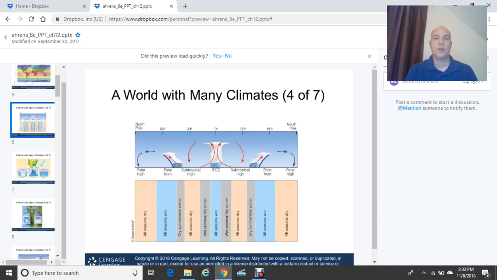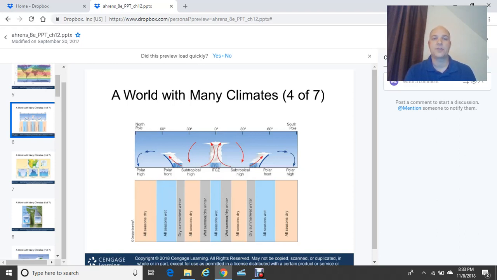So a world with many climates. If we were to look at the overall latitude belts and whether we have high or low pressure areas or systems in those specific latitudes, take a look at this chart. We're showing you the up and down motions associated with the various latitude belts, the three-cell theory of winds. You generally have rising air motion at the equator, about 0 degrees latitude.